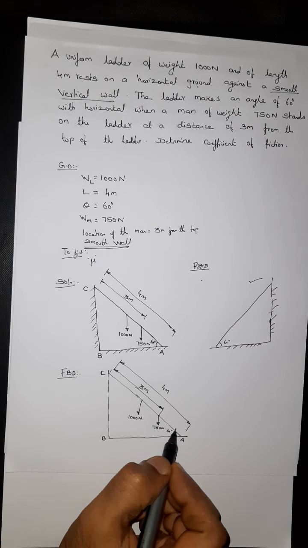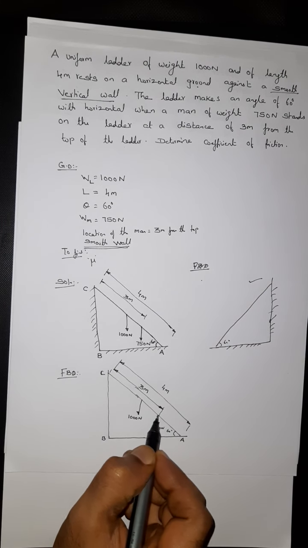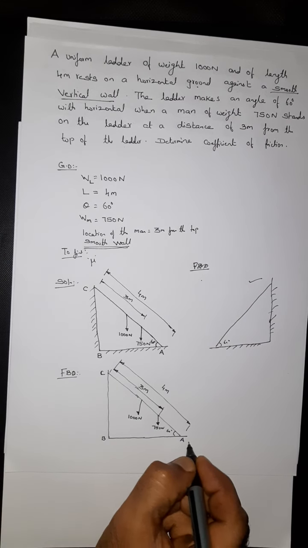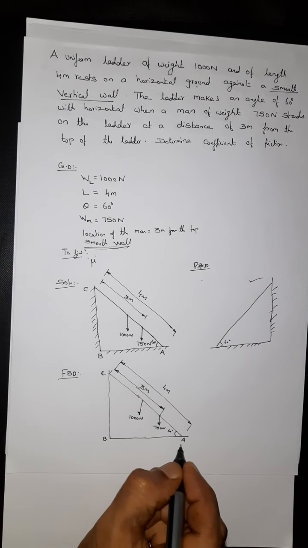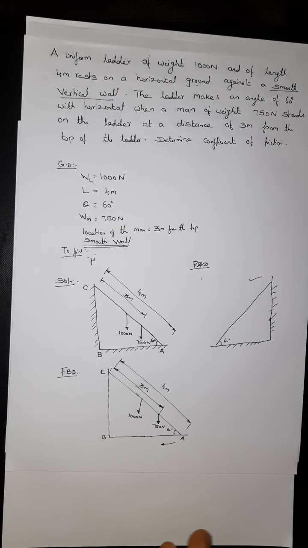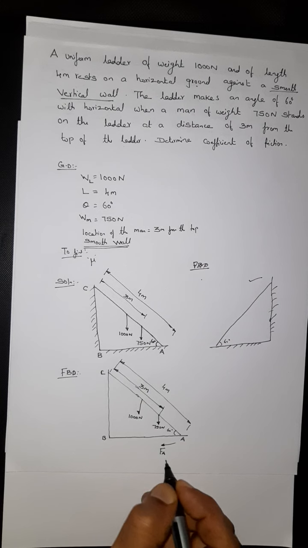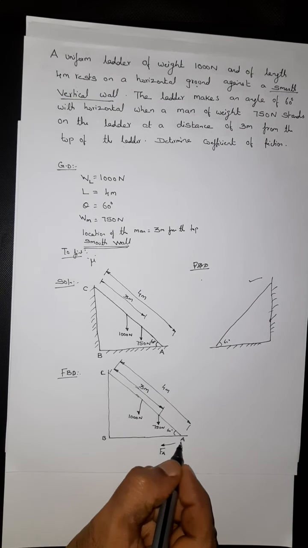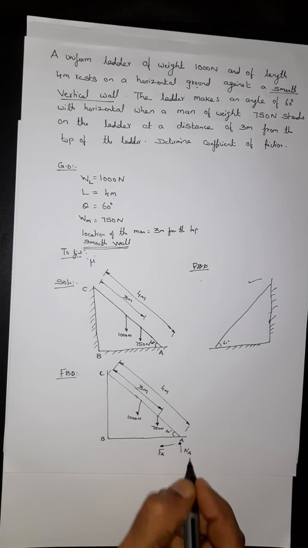So when the man starts climbing on the ladder, what happens? It tries to slip the ladder. So the motion would be always in the right hand side. So the friction will act opposite to the motion. So I can consider this as FA, frictional force at point A, and there will be a normal at point A, which can be denoted as NA.